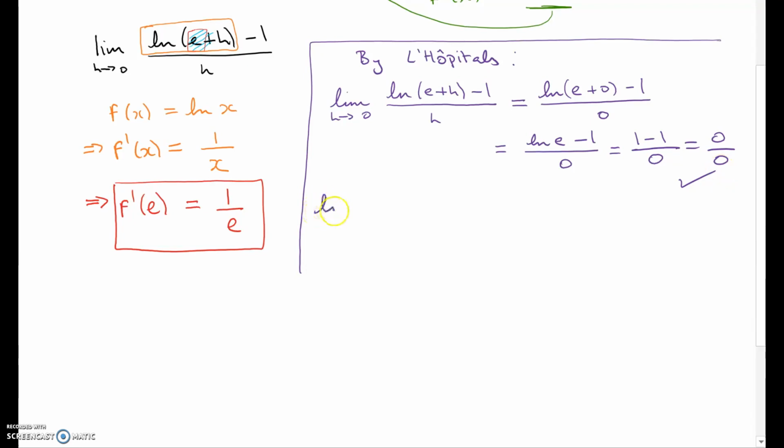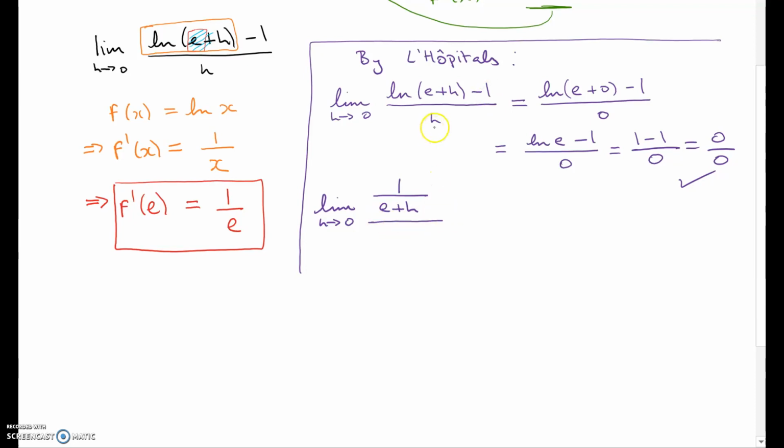Now, the limit as h approaches 0. We're going to differentiate the top and the bottom with respect to h. We're going to make h our variable here. So if we differentiate the top, it's log, well, that'll be 1 over e plus h. Now, minus 1 is a constant, so the derivative of a constant is 0.